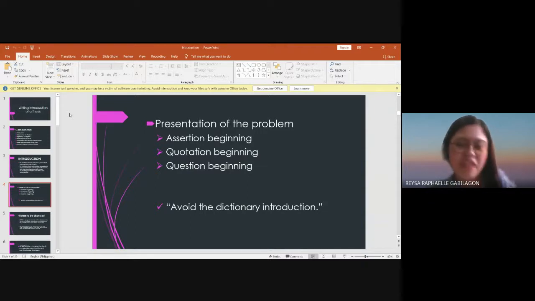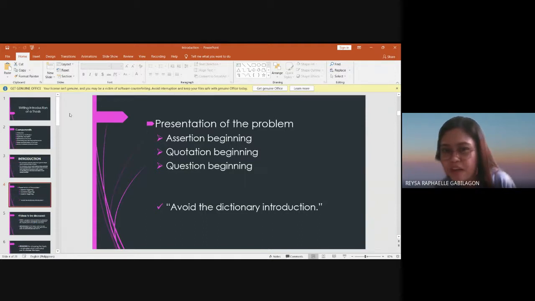It's either we assert something like we assert that diabetes is a major problem nowadays globally, not just in the Philippines. So that's an assertion beginning. And from there, you expound the idea of diabetes.